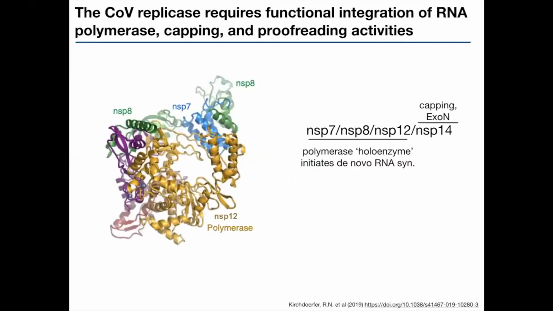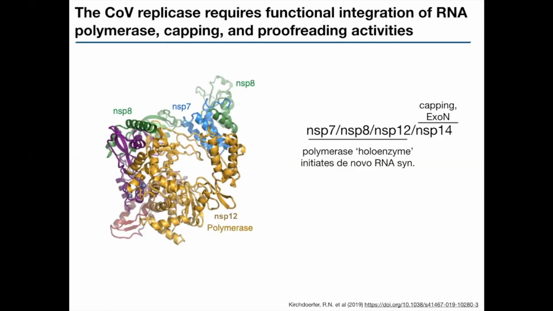So this discontinuous transcription mechanism is quite complex and is orchestrated by a replicase that includes the polymerase, but many other proteins as well. And this replicase complex requires functional integration of the RNA polymerase, capping, and proofreading activities, as well as other things. What I'm showing you here on the left is a structure of basically what people think is the polymerase holoenzyme.